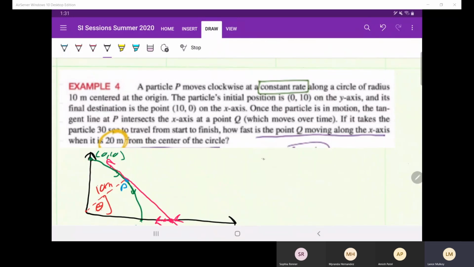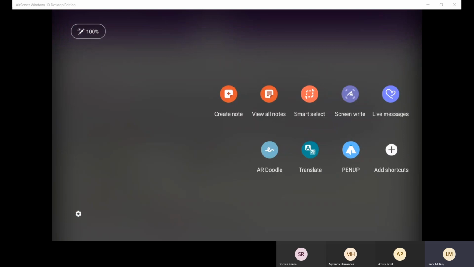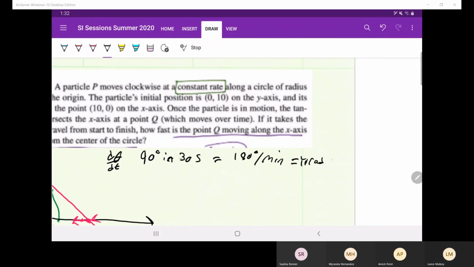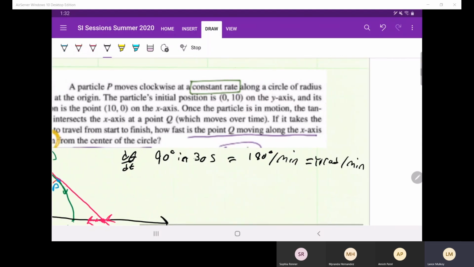So 90 degrees in 30 seconds, which equals 180 degrees per minute, which equals pi radians per minute. Math wants everything done in radians, so I suggest getting everything done in radians. I just like using degrees because it makes sense. And it's a constant rate.